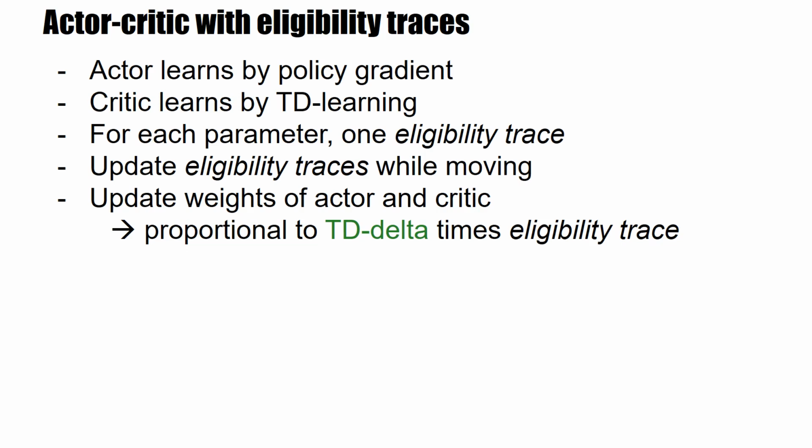And then at the end of each step, we update the weights and thresholds of the actor and the critic. And the way we do this is we take the eligibility trace and multiply with a TD delta error, the temporal difference delta.